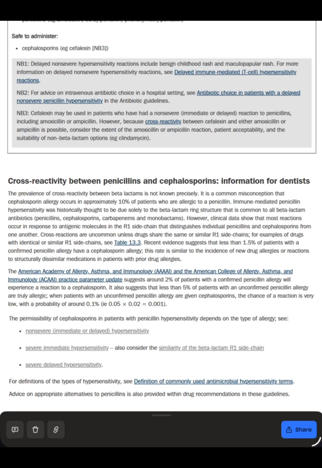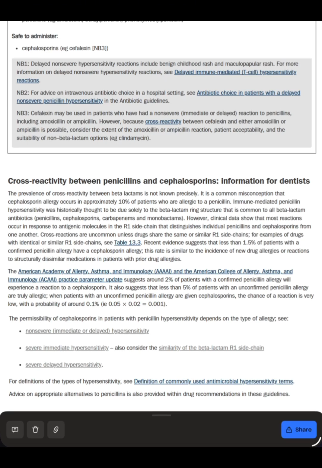Cross reactions are uncommon unless drugs share the same or similar R1 side chains. So if two drugs have similar R1 side chains, only then do cross reactions occur. Examples of drugs with identical or similar R1 side chains we will see in table 13.3.